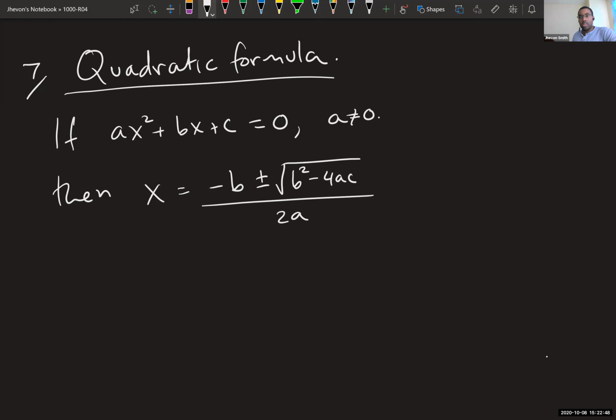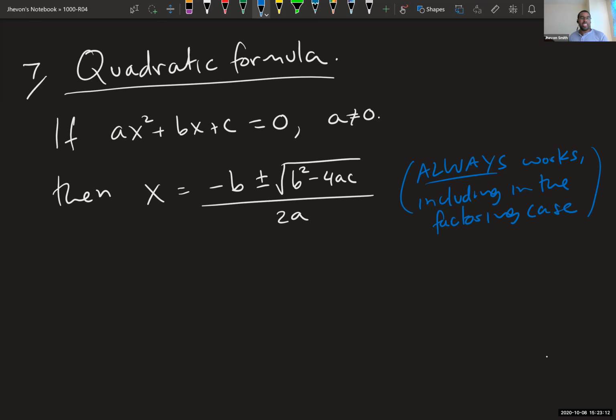So if you have a quadratic equation, that's how you can solve for the x's. And by the way, this always works, including in the factoring case.